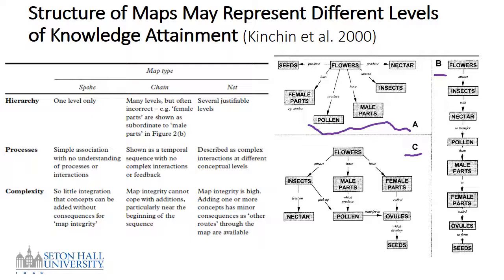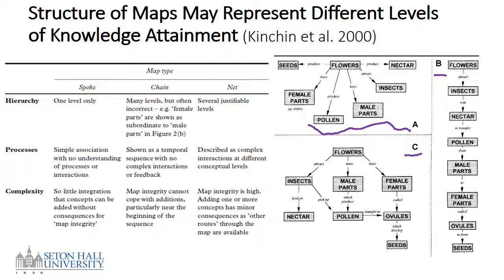So this table I have here is from Kinchin et al. And they point out that when you have a spoke structure, then you essentially have only one level because everything is connected to the main concept. So it doesn't really represent any of the interactions or associations between the different pieces, that there's very little integration.